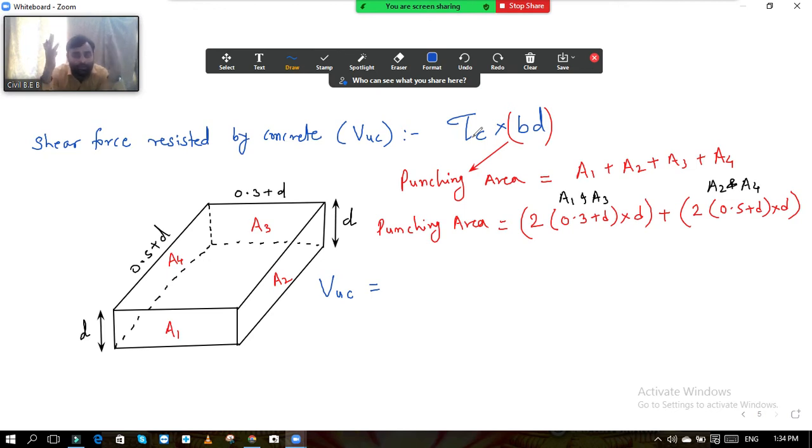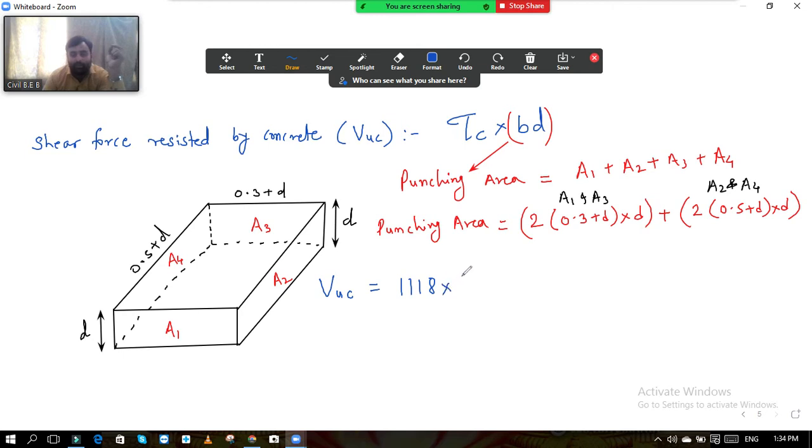We should always be below the permissible stresses or allowable stresses. Allowable and permissible mean one and the same thing. So tau c, what is the allowable stress? Tau c is 1118, and the punching area, this bd, is nothing but the punching area. It is A1 plus A2 plus A3 plus A4, which we have already calculated over here.